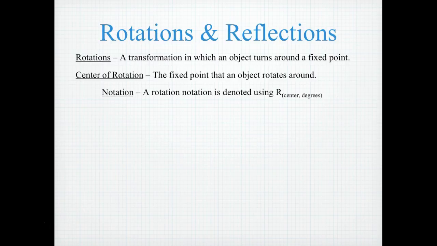For notation, rotation is denoted using a capital R. The first number is the location of the center of rotation, and the second number is the degrees that the object is being rotated, which could be a positive or a negative number between 0 and 360 degrees.